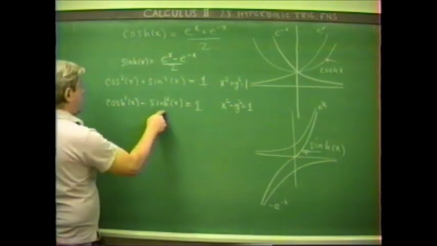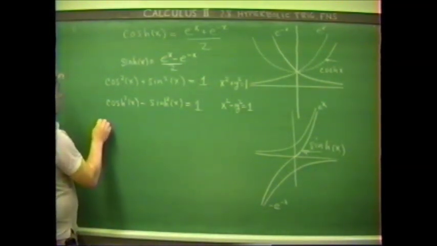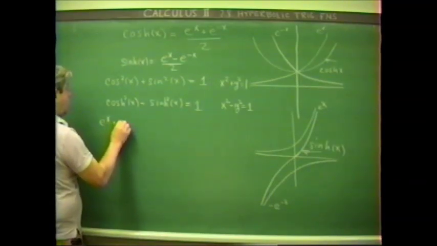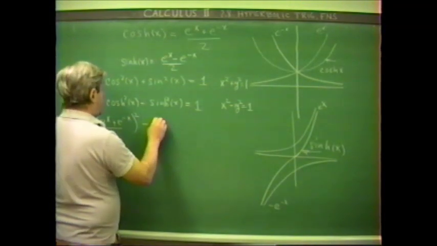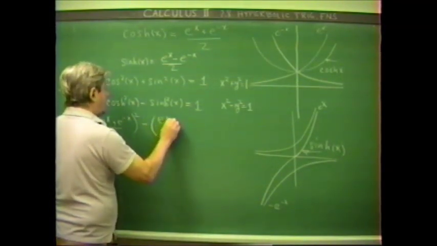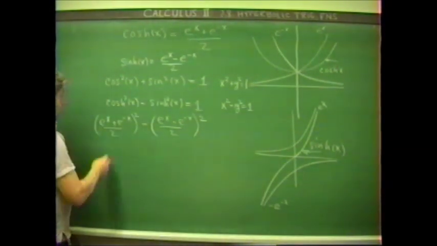Okay, to see that this is the case, let's just compute it. Hyperbolic cosine squared is e to the x plus e to the minus x over 2, quantity squared, minus the hyperbolic sine squared. That's e to the x minus e to the minus x over 2, quantity squared.